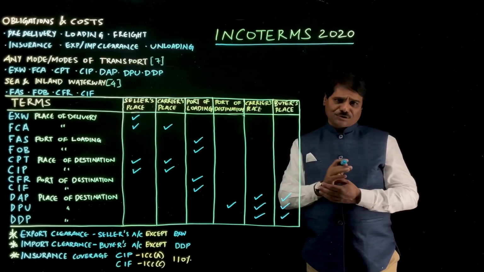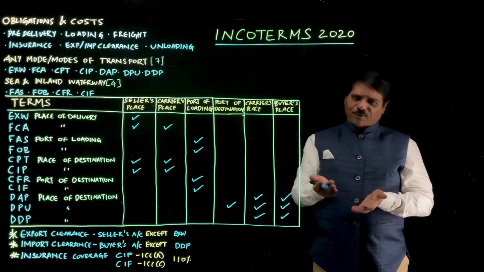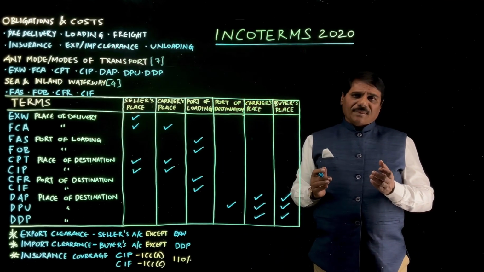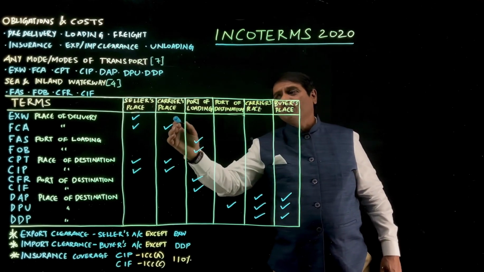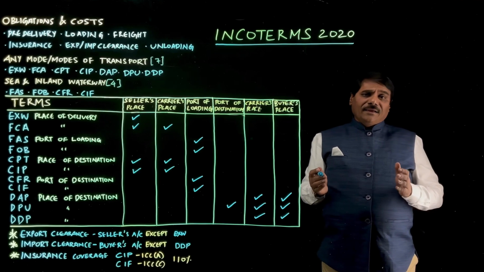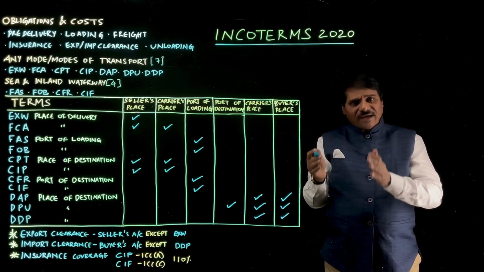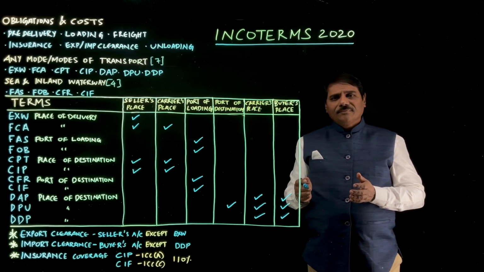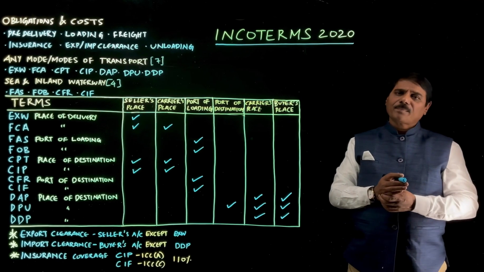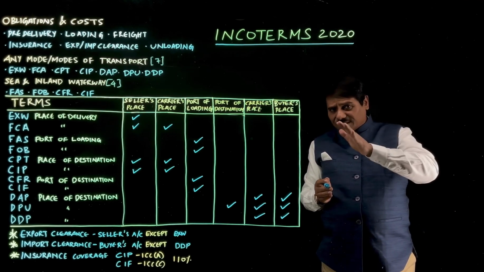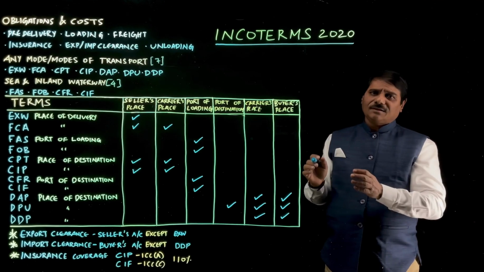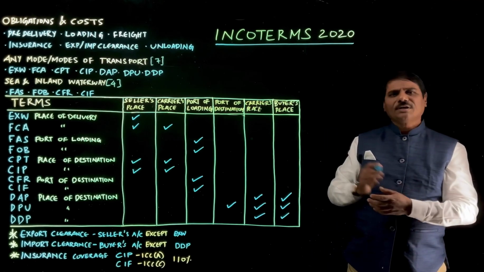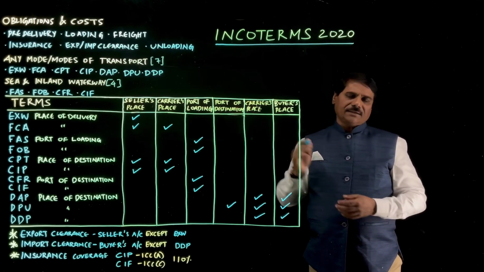Now under International Commercial Terms 2020, they have included a provision that in case of FCA, free carrier, though the seller's responsibility is to deliver the goods at a carrier's place, suppose the seller's banker requires proof of shipment, if the goods are moving by sea, then the buyer can instruct the shipping company to release the proof of shipment document, that is the bill of lading, to the seller, so that the seller can present the bill of lading to the bank.